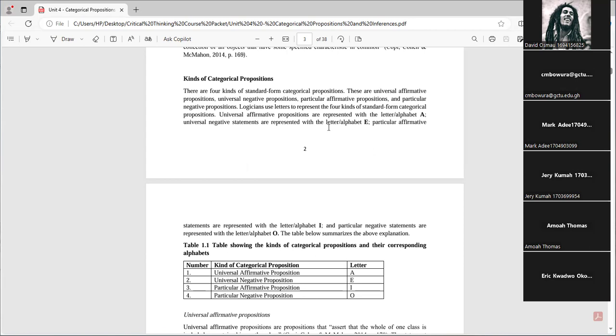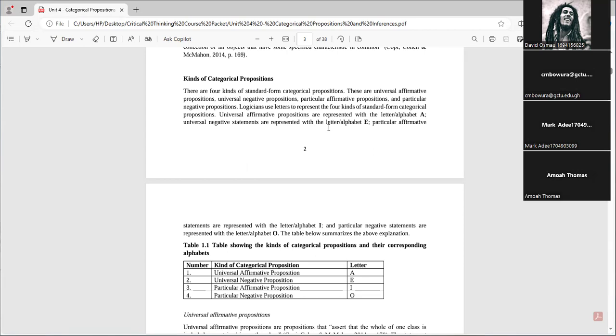No women are liars. So this example shows that any member of the class of women is excluded from the class of liars. That if you see any woman at all, worldwide, that woman is not in the class of liars. Universal negative proposition.